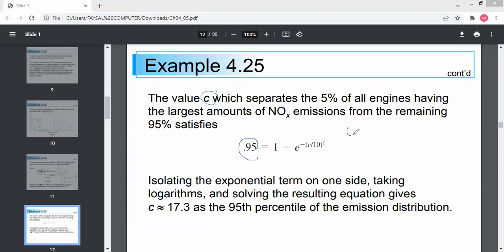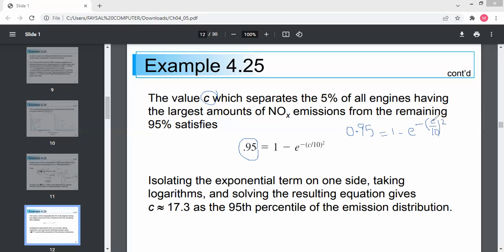So again, I have to write here, it is 0.95 equals 1 minus e with a negative sign, c upon 10, with the alpha value that is 2.